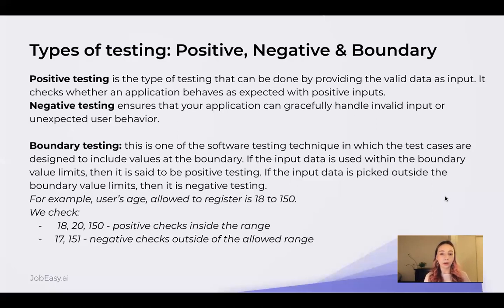And now another type here is boundary testing. Boundary testing doesn't fall into the category of positive or negative. It's actually a technique that combines both positive and negative cases. So for example, you need to test an input field, and in this input field, you are testing user's age.